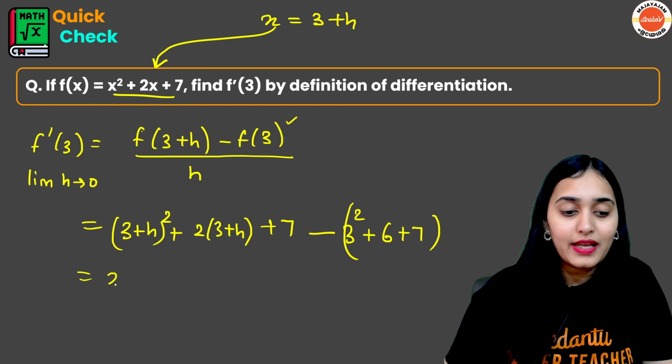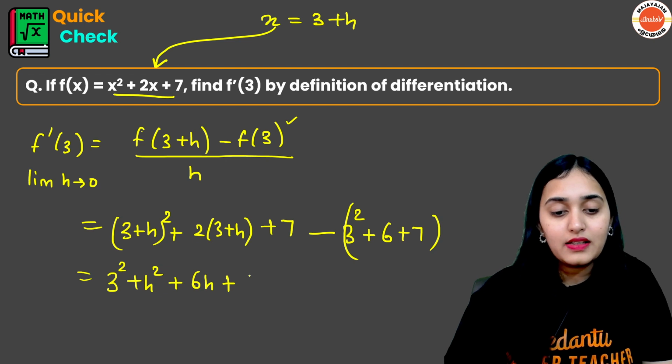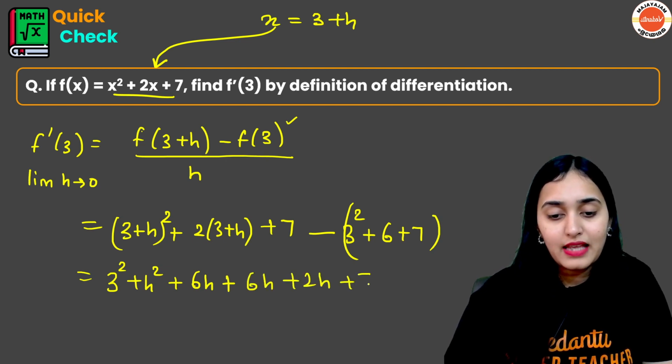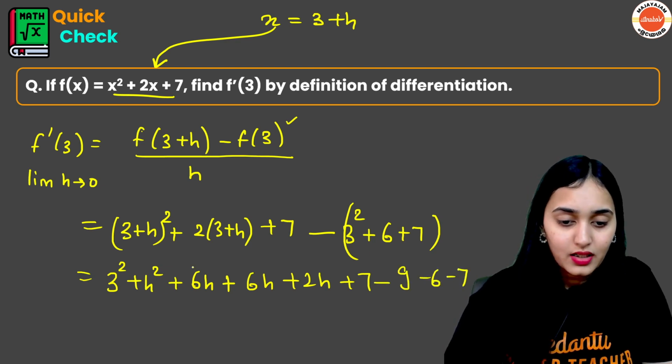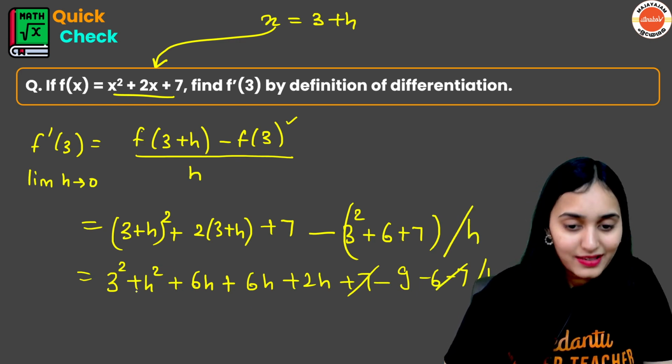A plus b whole square is a square plus b square plus 3 2 is a 6h. This is 3 2 is a 6h and 2h plus 7 minus 3 3 is a 9 minus 6 minus 7. Plus 7 minus 7 cancel. This is whole divided by h.